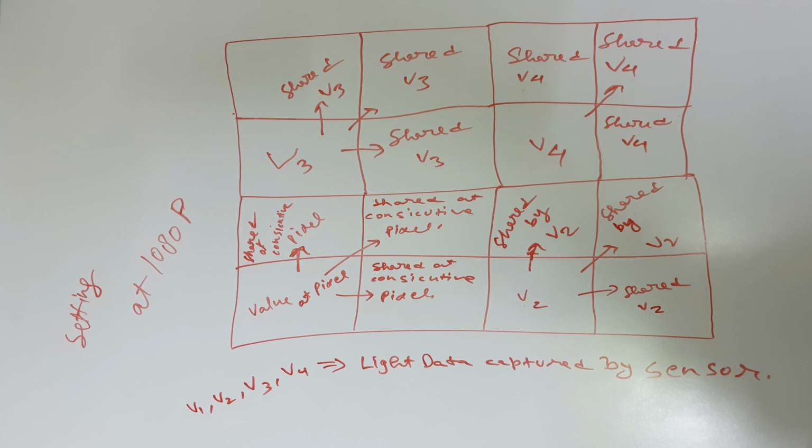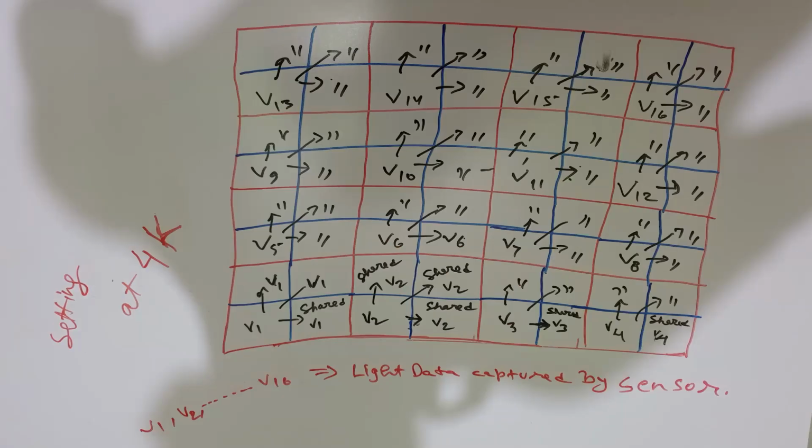You are shooting in a quarter of that resolution. This is for 1080p. Now let me explain what they do in 4K. They actually divide your individual pixels into 4 subpixels, and then when you start recording in 4K, every subpixel gets a value, and that value is shared with the consecutive 3 subpixels, which, remember, these 4 subpixels make a pixel. Same goes for all of the pixels.